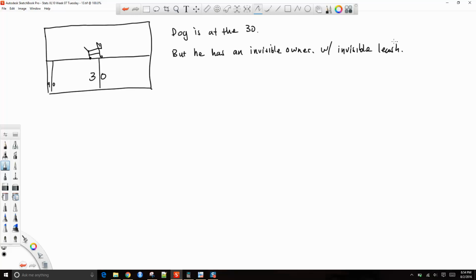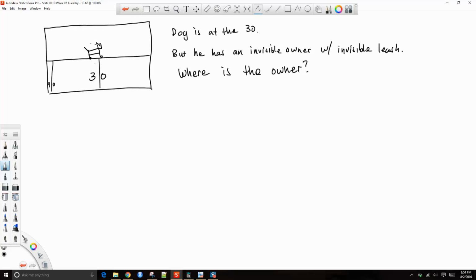All right, so the dog's going for a walk. He's got an invisible owner with an invisible leash, okay? And we want to know, where is the owner? This is what we want to know.